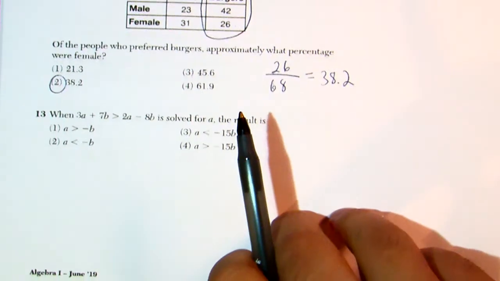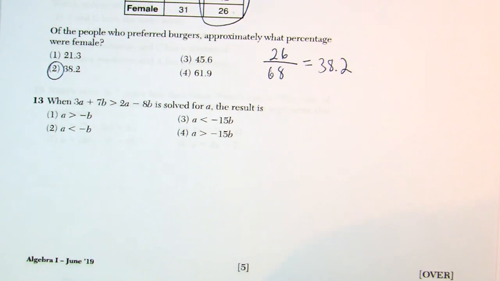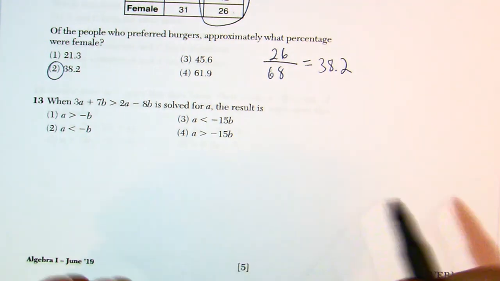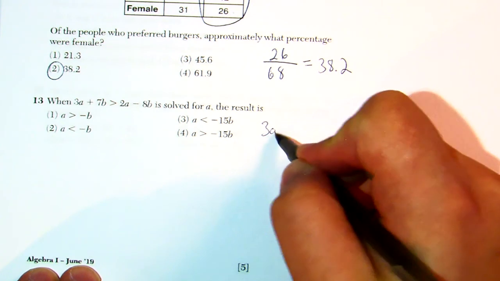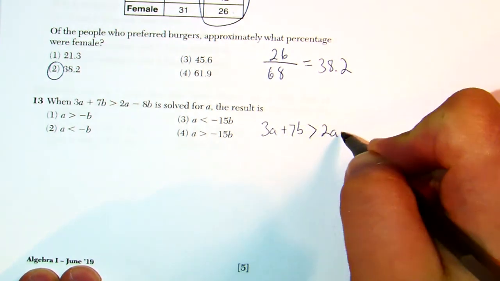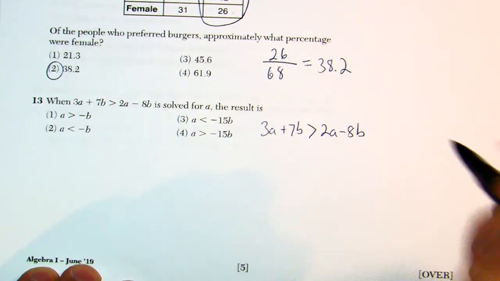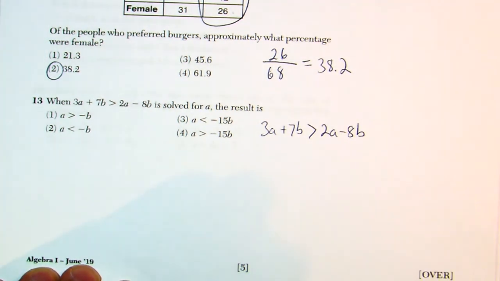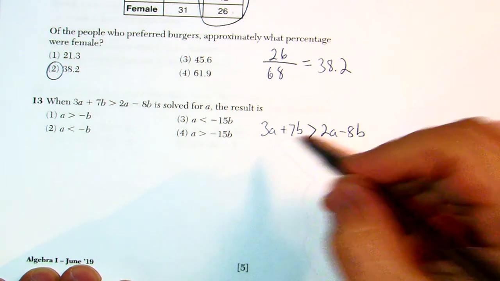Okay, 13. When 3a plus 7b is greater than 2a minus 8b is solved for a, the result is... So I want to get a by itself. So I'm going to rewrite this. 3a plus 7b greater than 2a minus 8b. Okay, so I'm going to want to get a's by itself. I'm going to move these a's over here.